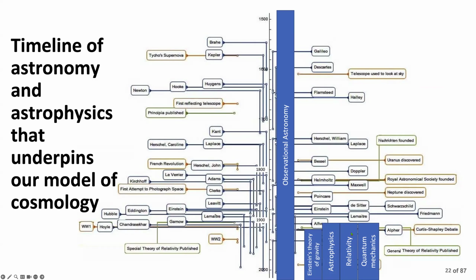Einstein's second great contribution is his theory of gravity, which we will hear lots about in the coming lectures. That occurred around 1917. So these are the tools that converted observational astronomy into what we now call cosmology or astrophysics.